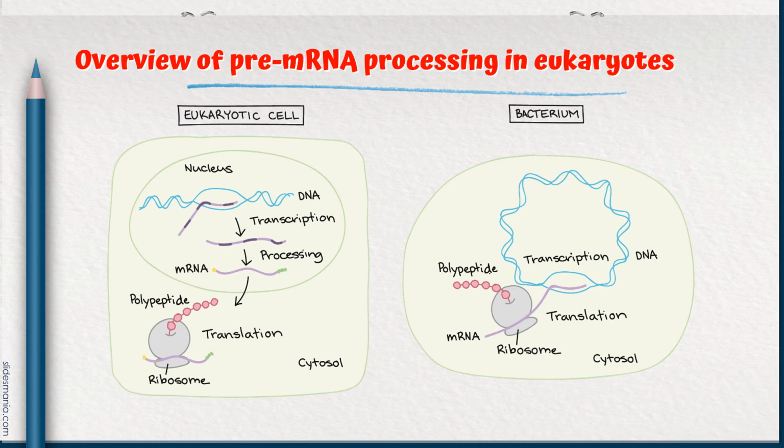While the DNA is being transcribed to make an RNA, the RNA there is already considered an mRNA and can associate with a ribosome and start being translated to make a polypeptide. In bacteria, RNA transcripts are ready to act as messenger RNA and get translated into proteins right away.